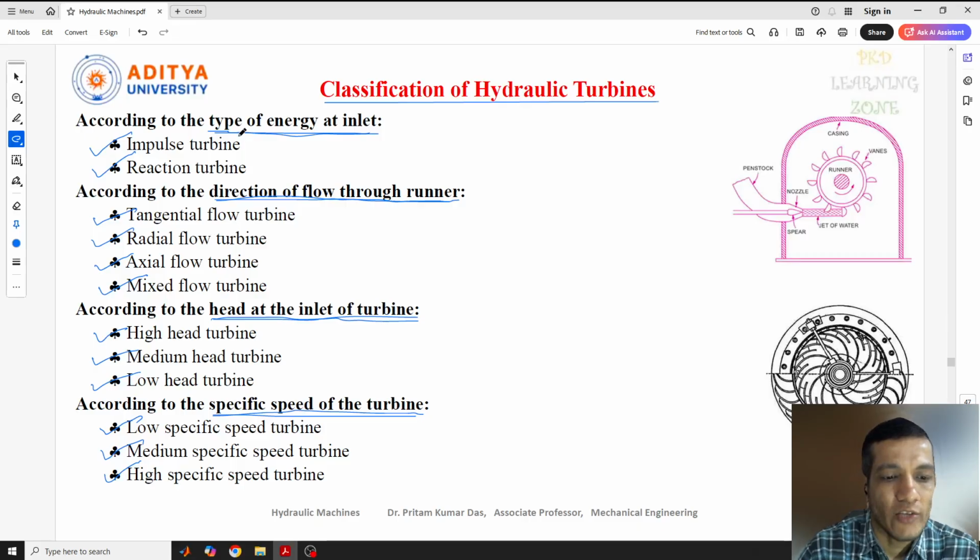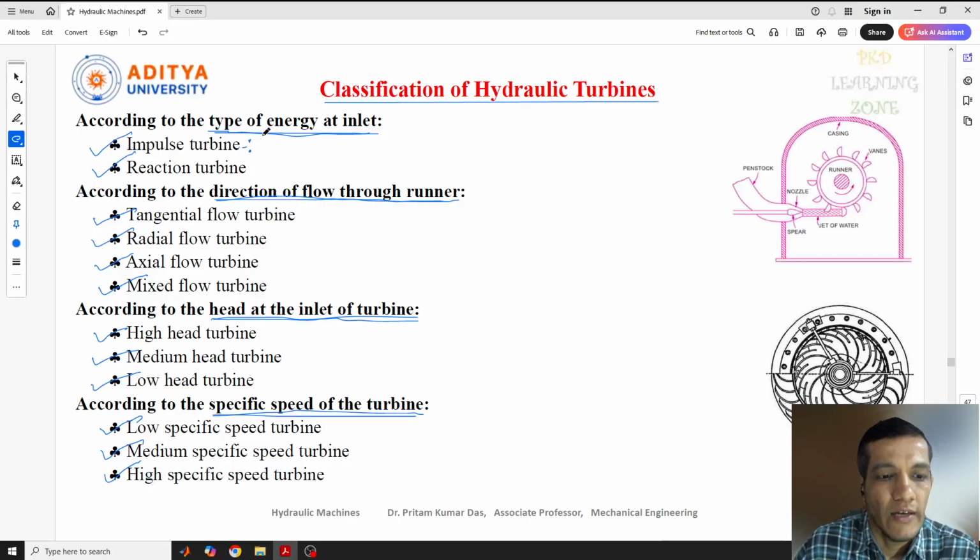The impulse turbine actually, suppose this is one example, actually this is an exact example of impulse turbine.